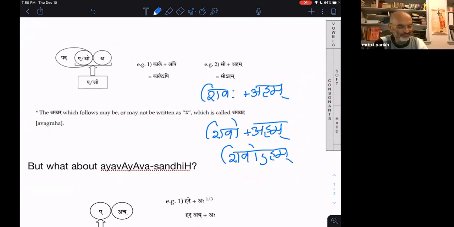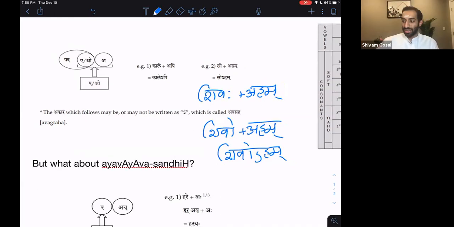Hare and kare, aren't they also forms like Rama, Rame, Kale?